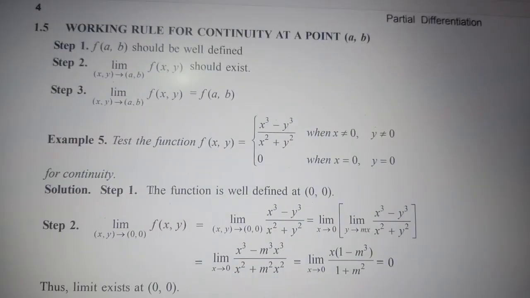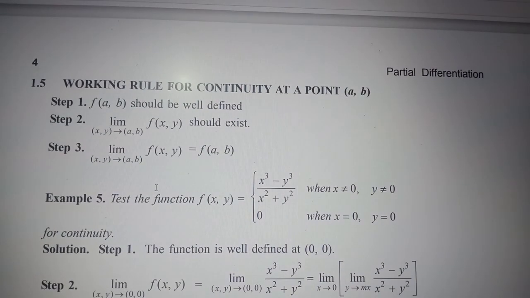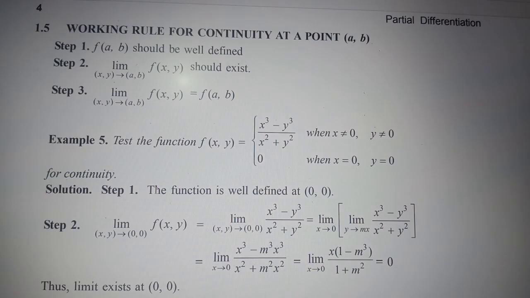Example: test the function f(x, y) equals (x cube minus y cube) divided by (x square plus y square) when (x, y) is not equal to (0, 0), and 0 when x equals 0 and y equals 0, for continuity. So we are checking whether the function is continuous at the point (0, 0).